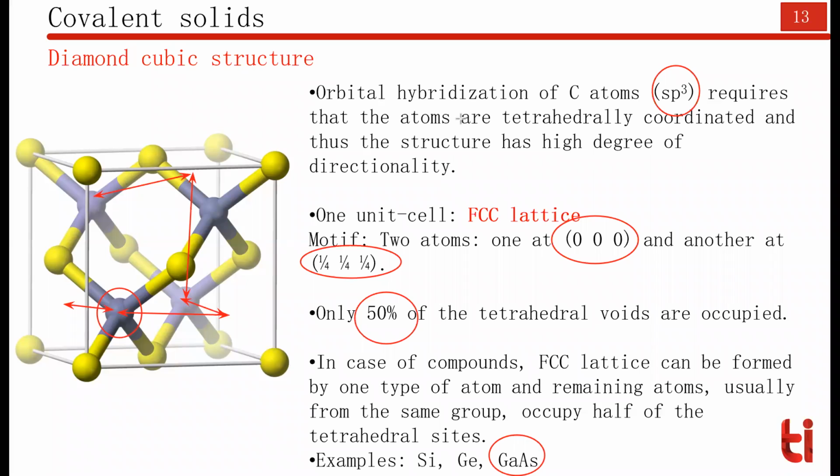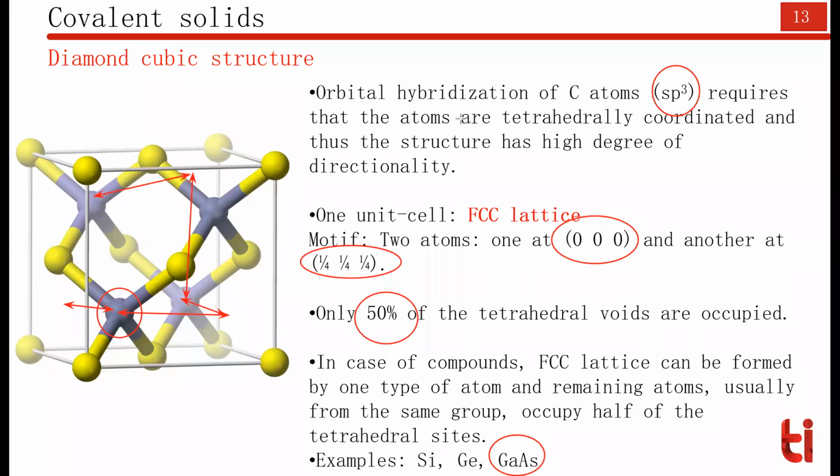If it is occupying either the tetrahedral void or the octahedral void, then depending on the nature of the void, your motif coordinates may be 1 by 4, 1 by 4, 1 by 4 for the tetrahedral void, and 1/2, 0, 0 for the octahedral site that sits at the edge center, or 1/2, 1/2, 1/2 for the octahedral void that sits at the body center.